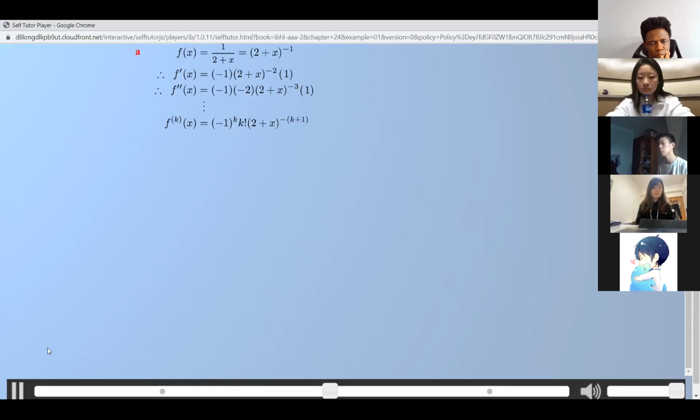Making this substitution, the first two factors are constants, and we have 2 to the minus k plus 1, which we can instead write in the denominator without the negative exponent. We also need to evaluate the function when x equals 0.